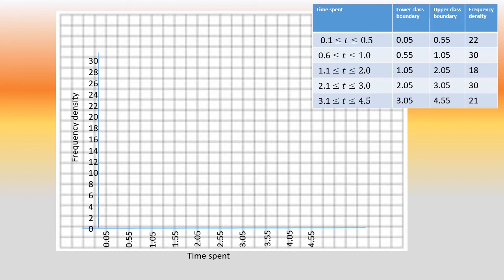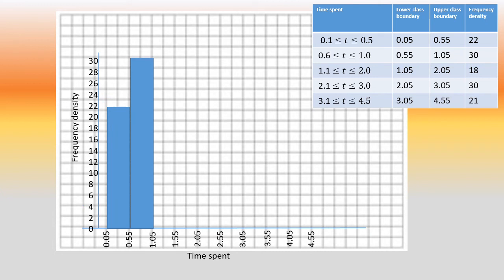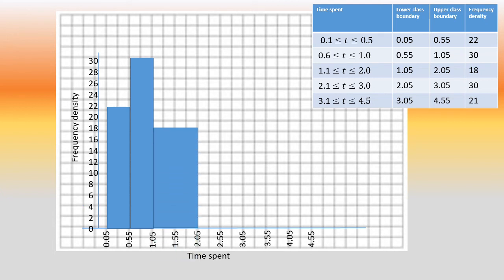So the first bar is to be drawn for 0.05 to 0.55 with a height of 22. So this is the first bar. It's from 0.05 to 0.55. The height is 22. Next, from 0.55 to 1.05, the height is 30. Next, 1.05 to 2.05. That means the third class interval.